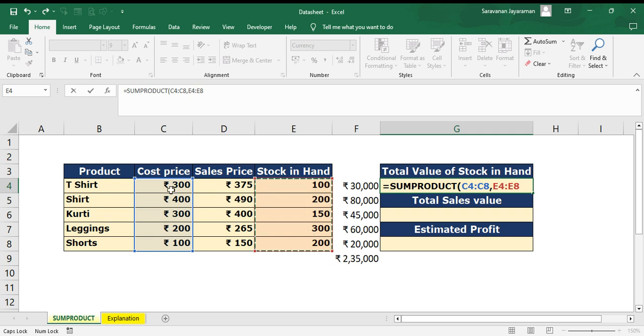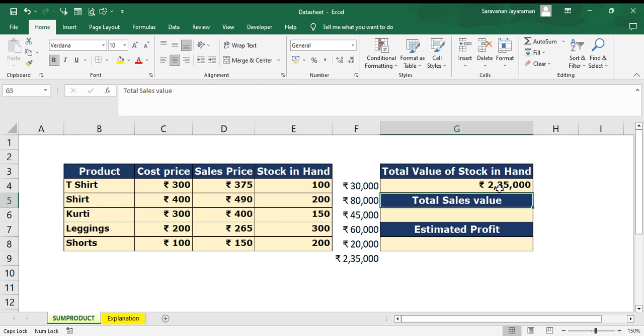What it will do is multiply 300 into 200, the corresponding line, 400 into 200, till the last, and it will sum up those products. Let's see. Close and enter. We get 2,35,000, here 2,35,000.